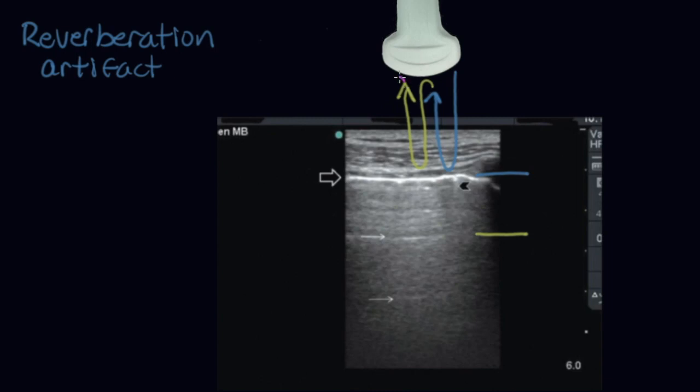This cycle keeps repeating, resulting in evenly spaced, progressively less hyperechoic lines as the energy is gradually attenuated by traveling repeatedly through the overlying tissues. For a refresher on the physics that the ultrasound is using to generate these computer images, please see my video on ultrasound image generation.